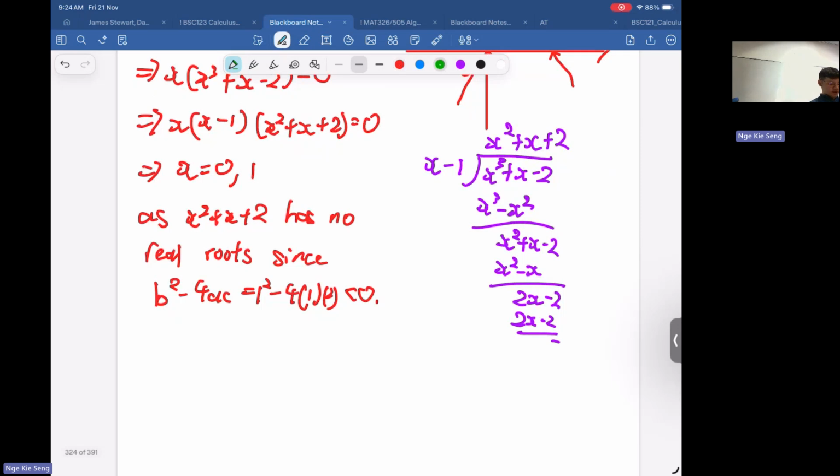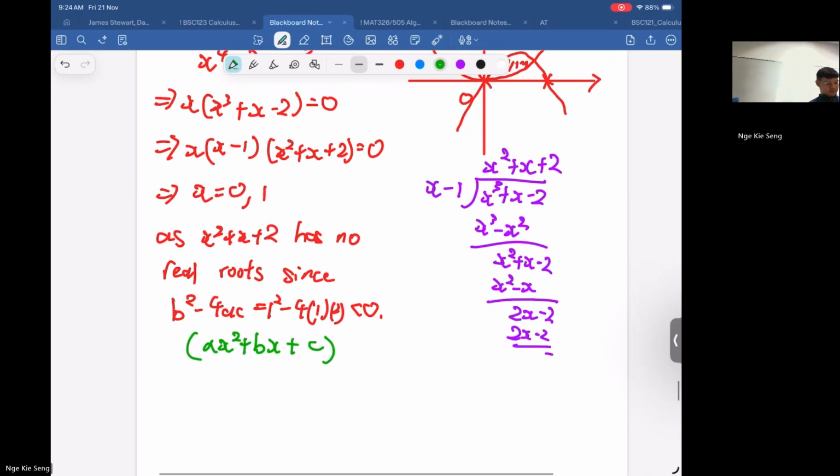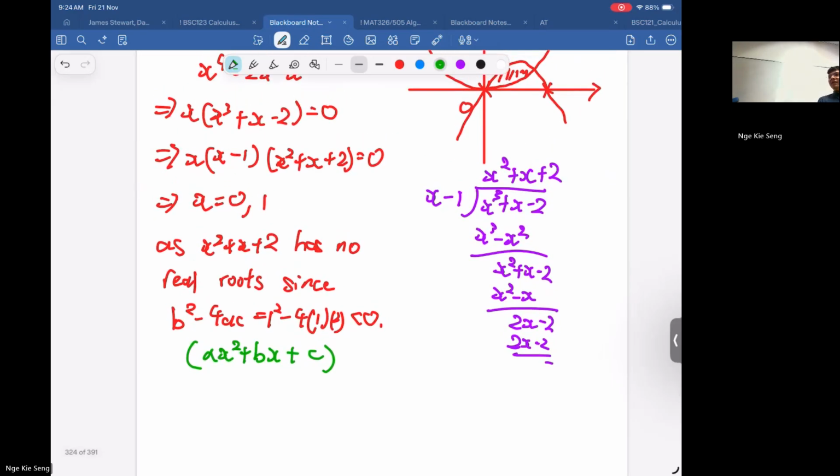ABC actually refers to the coefficients of a quadratic polynomial, ax squared plus bx plus c. This thing appears in your quadratic root formula: minus b plus minus the square root of b squared minus 4ac, over 2a.